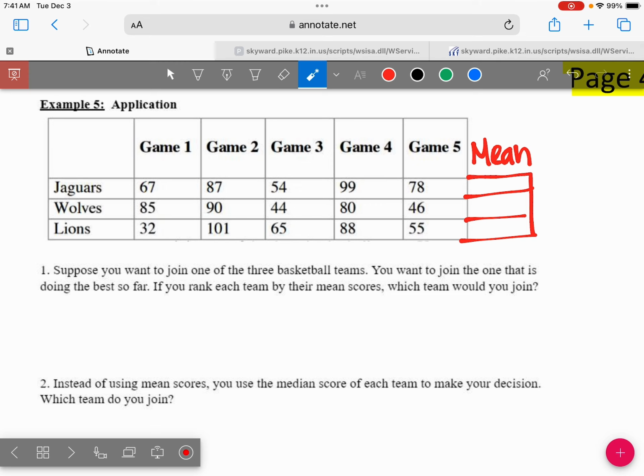So let's go ahead and add them up. So we got 67 plus 87 plus 54 plus 99 plus 78. Go ahead, divide that by 5. And then I'll put up my answers in a second.